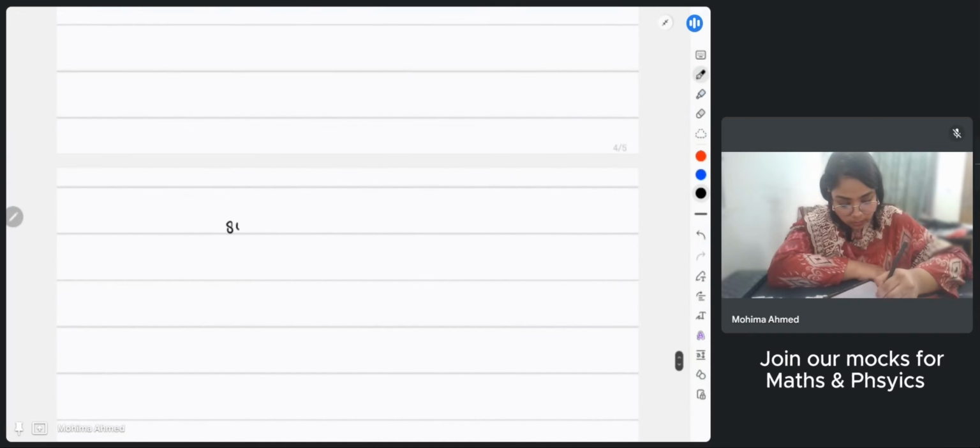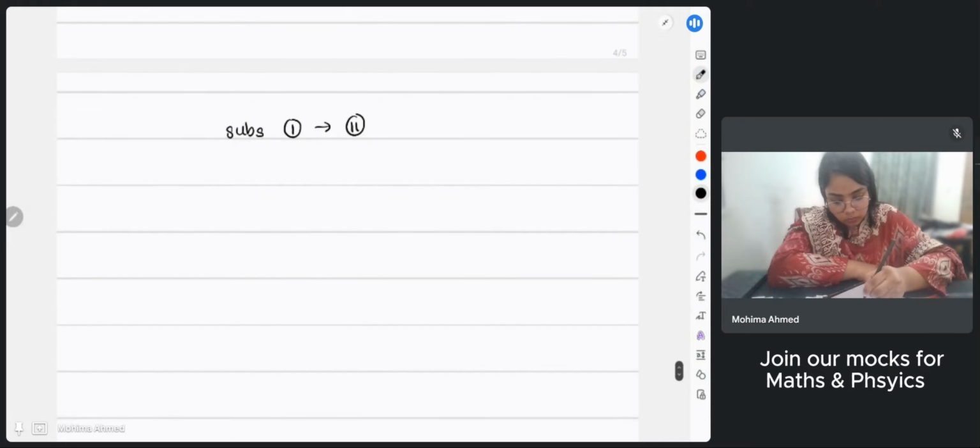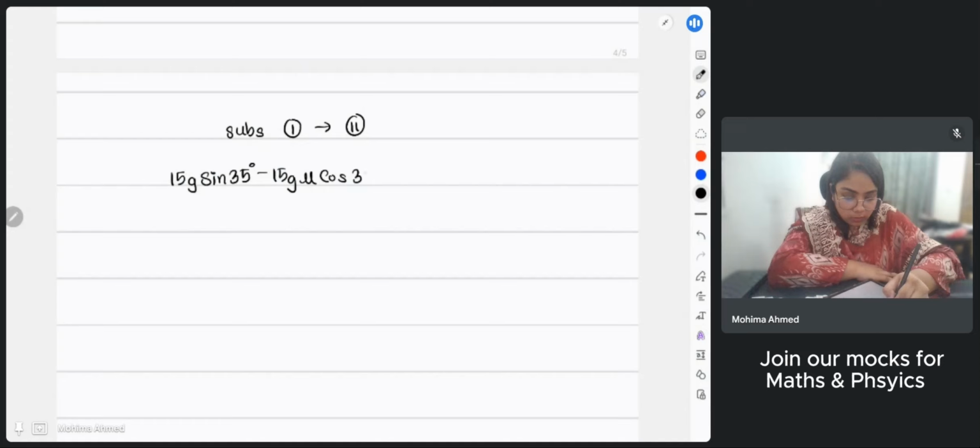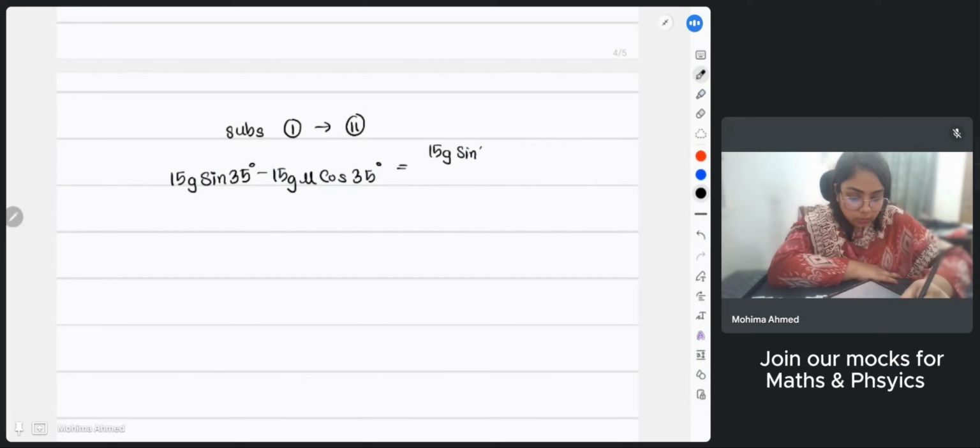Substitute 1 into 2. So if I substitute equation 1 into 2, it's just going to be 15g sine 35 degree minus 15g mu cos 35 degree is equal to 15g sine 35 degree plus 15g mu cos 35 degree, and this entire thing is divided by 5.